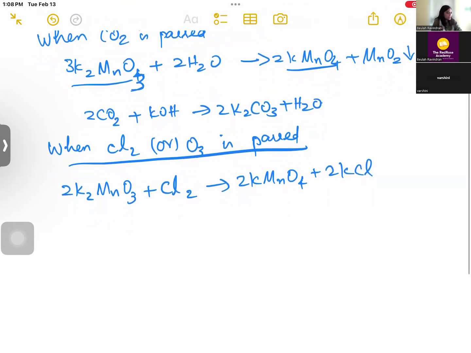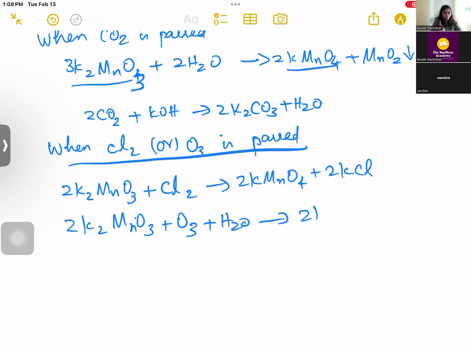Okay. So 2K2MnO4 plus O3 plus water releases 2KMnO4 plus 2KOH plus oxygen. Now the oxygen is a gas, it is evolved outside.